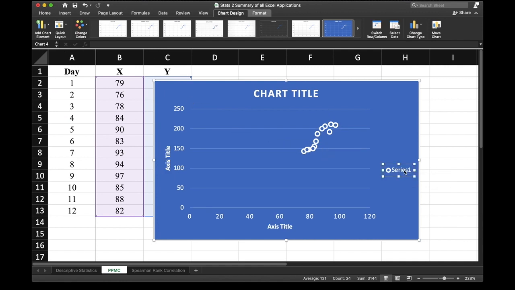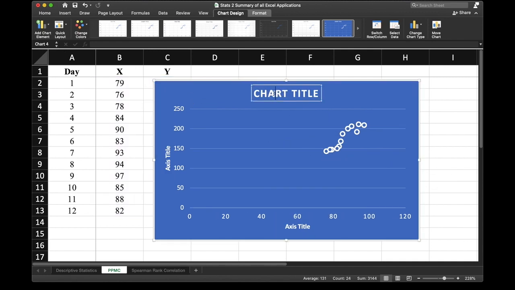So, this is for temperature versus sales. Okay? So, our X here is the temperature, right? So, let's label this temperature. And for our Y here, this is for what we have here is the sales in units. So let's write here units.